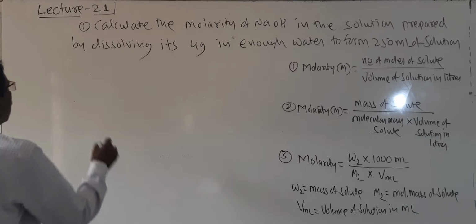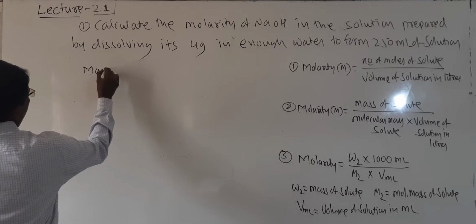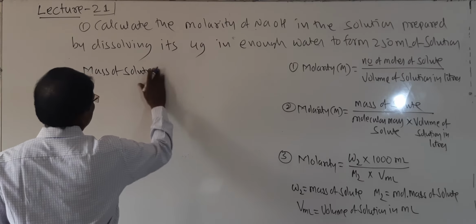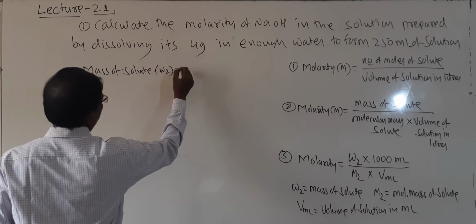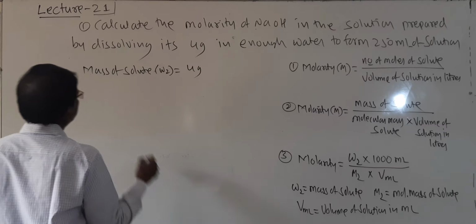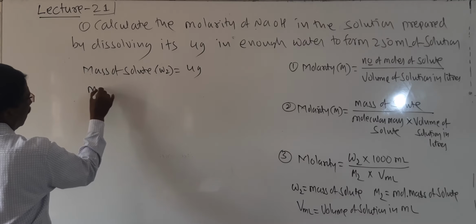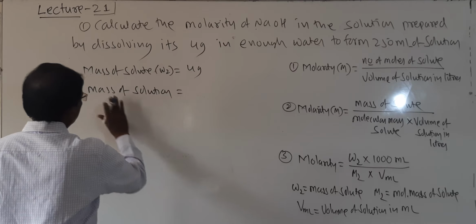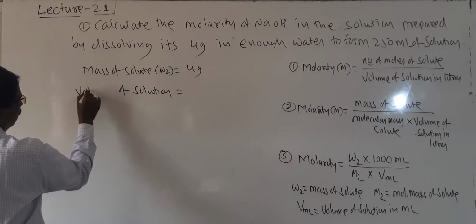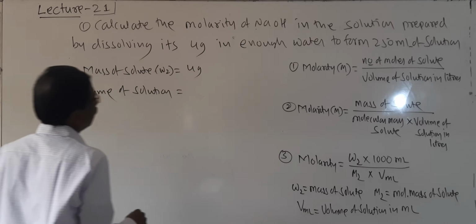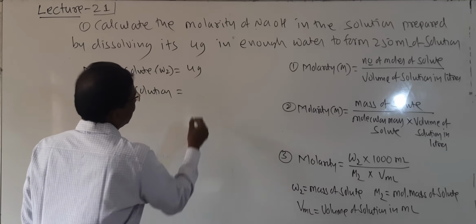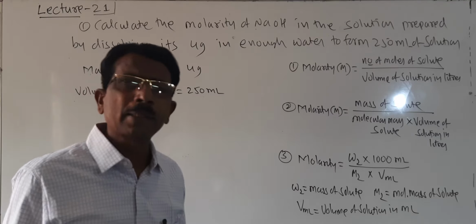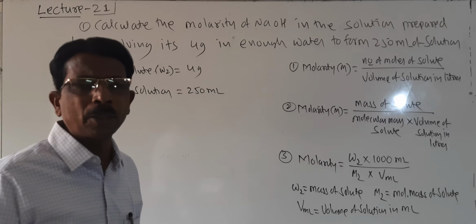Look here, number 1. Mass of solute W2 is equal to 4 gram. Then volume of solution is 250 ml. It is not given in liter, it is given in ml, so we have to convert it into liters.